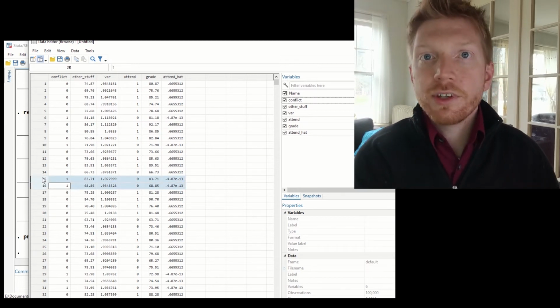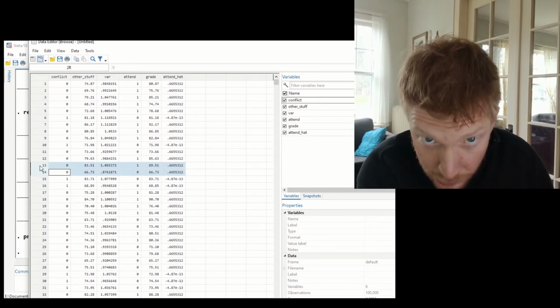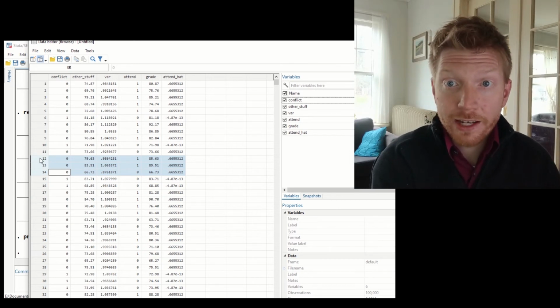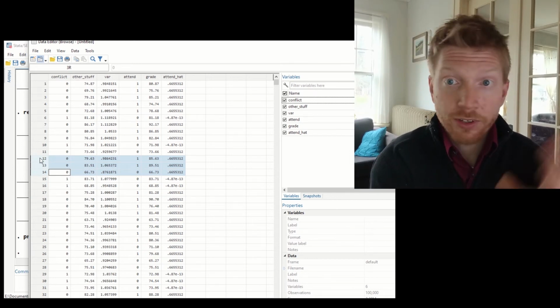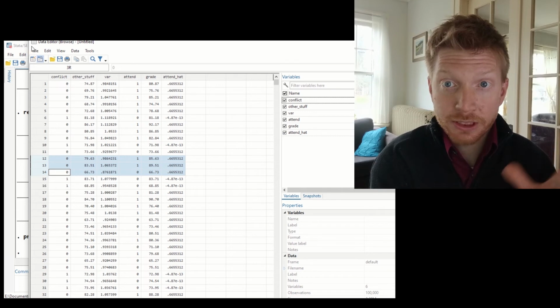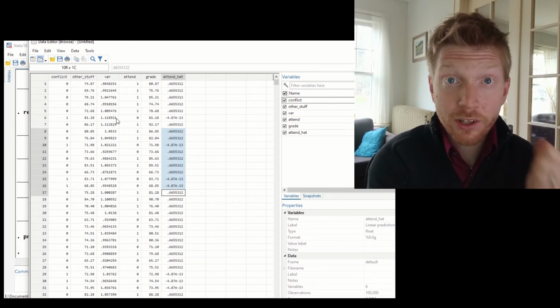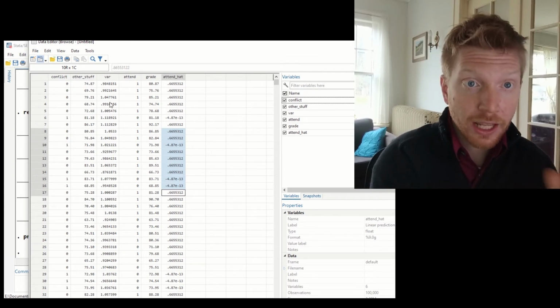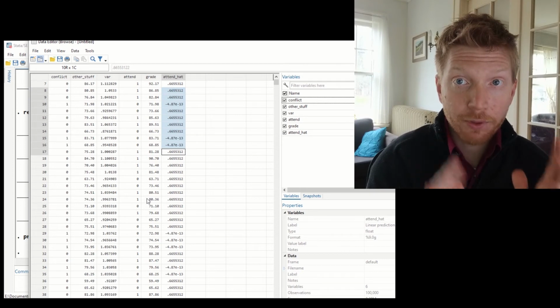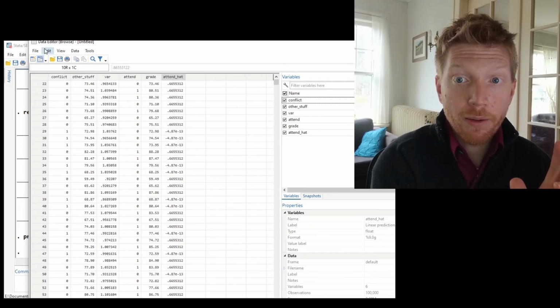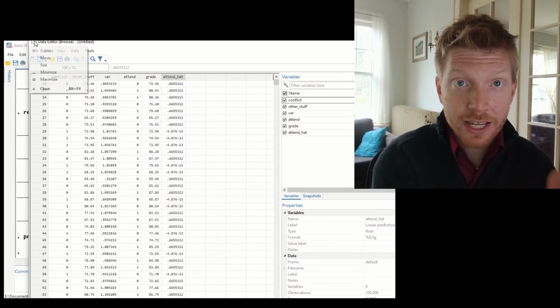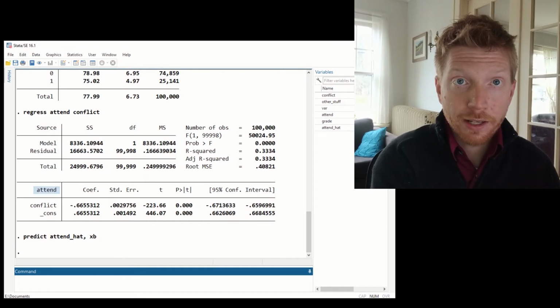There's one that is 0 if there was a conflict, and there is one that is approximately 67%. There's only two values for attend hat because there's only two values for conflict, and we're only looking at that particular variation for attend hat.